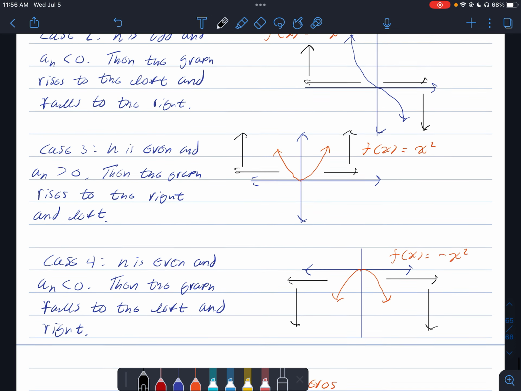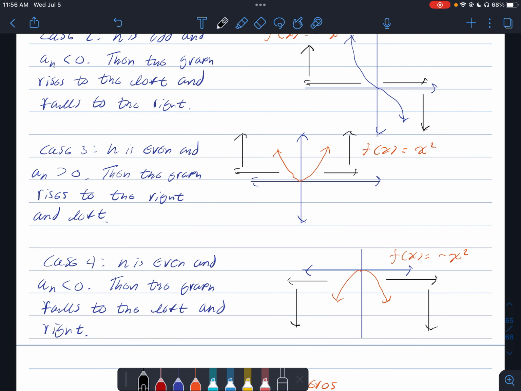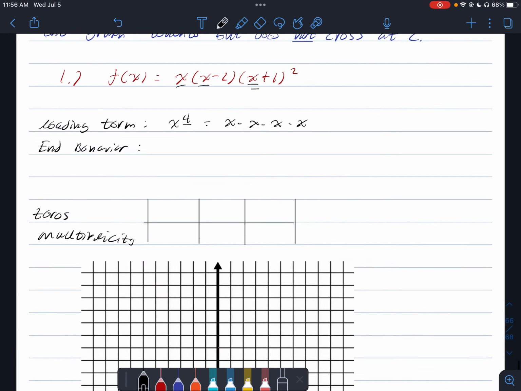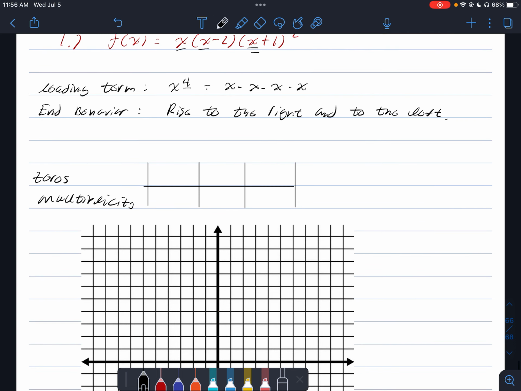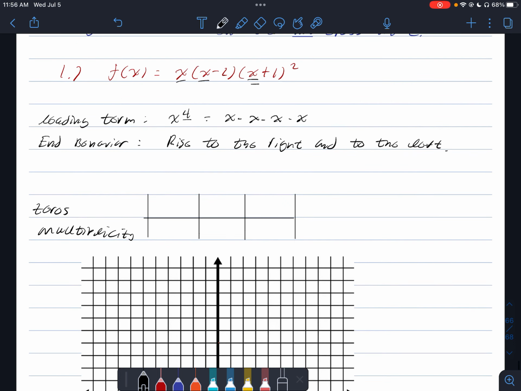All right, so let's see which case we have here. If the exponent is even, n is even, and a sub n is greater than 0, so the leading coefficient is positive, the graph is going to rise to the right and to the left. So we know the end behavior will rise to the right and to the left. Okay?